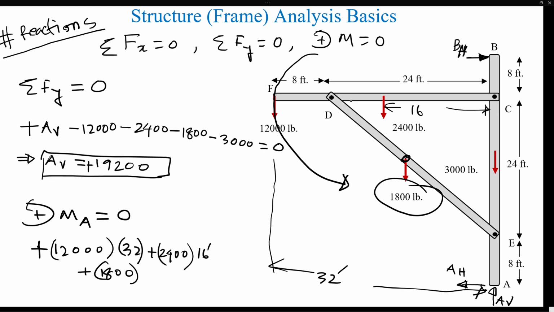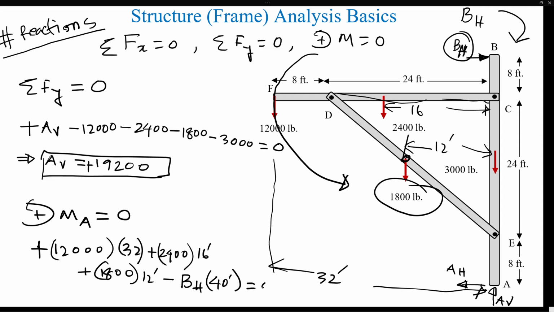The total is 24 feet, so this distance is 12 feet from A. And minus that, the horizontal component at B will cause a clockwise moment with respect to A. So that's a negative moment, B H times 40 feet from A, and everything sums to 0.